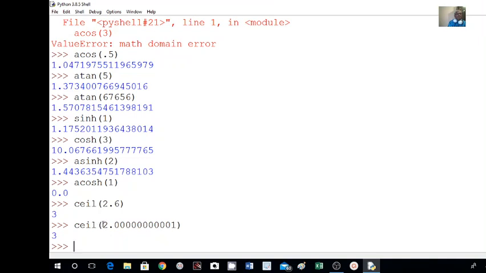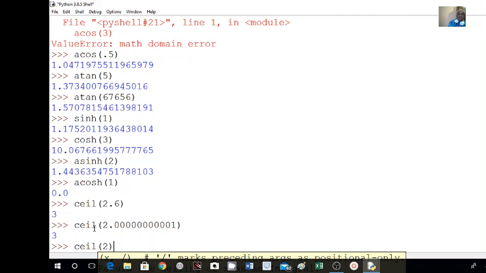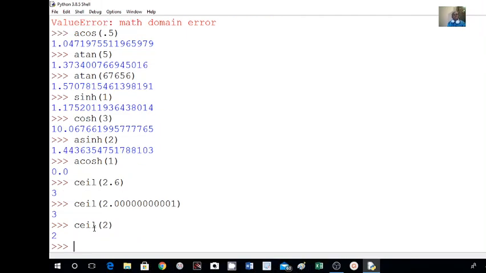This is the smallest integer greater than or equal to x. Suppose this is x, then ceil of x means the smallest integer greater than or equal to x. Say, for example, ceil of 2, if I enter, I will get 2. For an integer value it stays the same, and just above 2 it goes to 3.